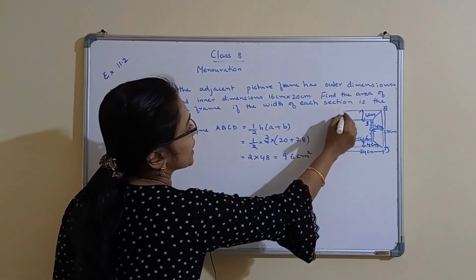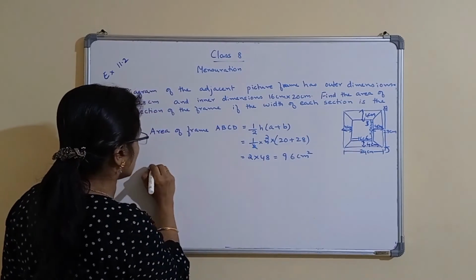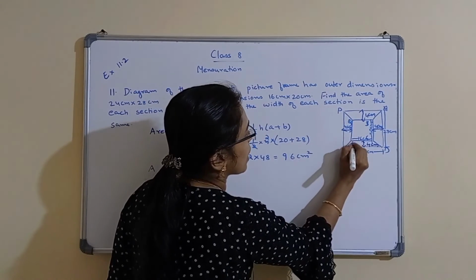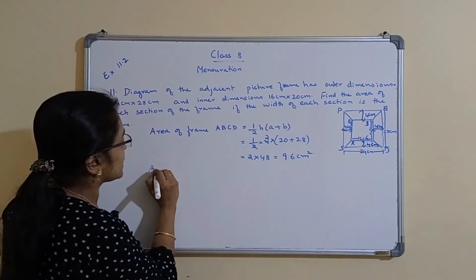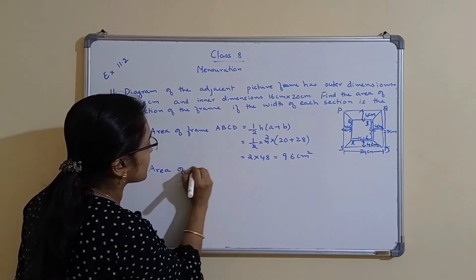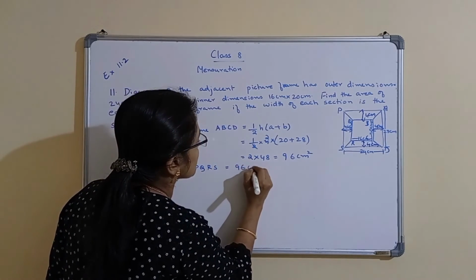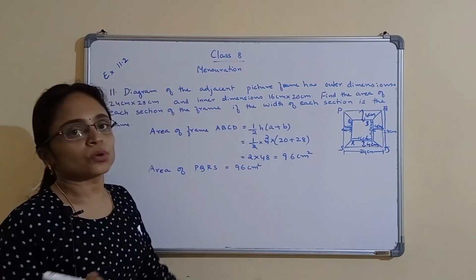So area of this frame is also, let us name this as PQRS. So area of PQRS is also 96 centimeter square. Okay.